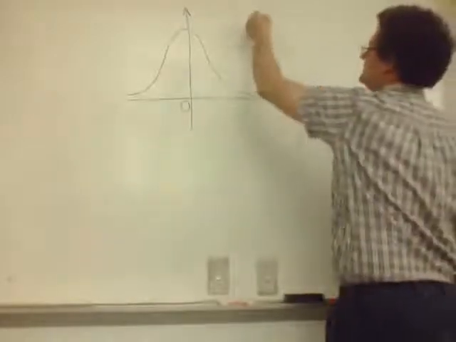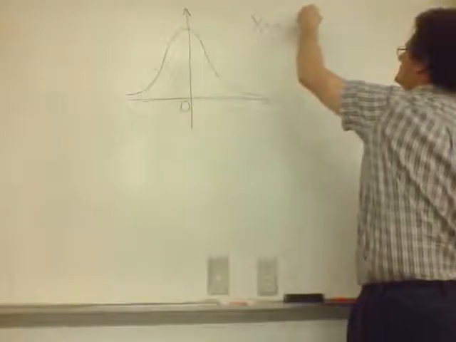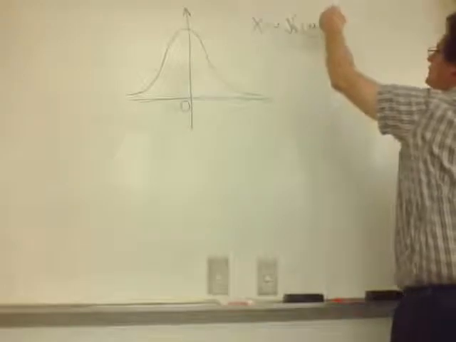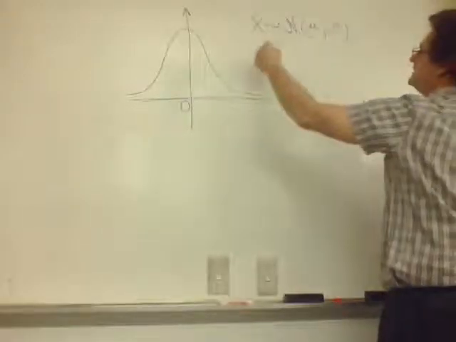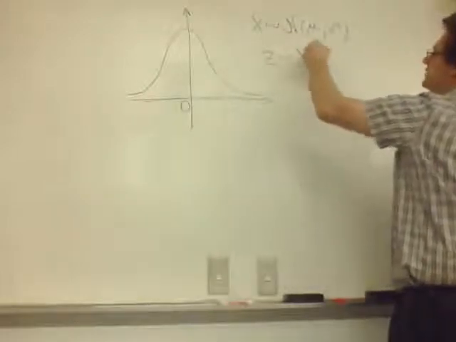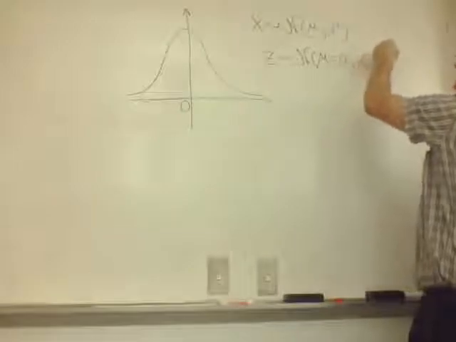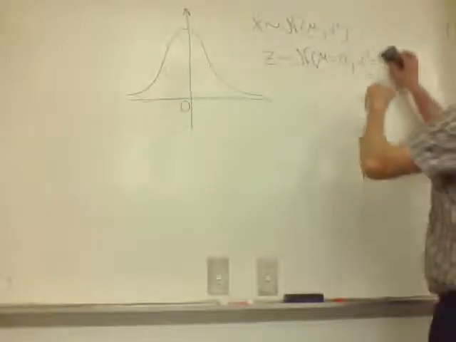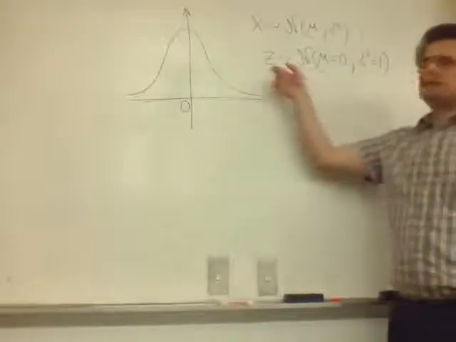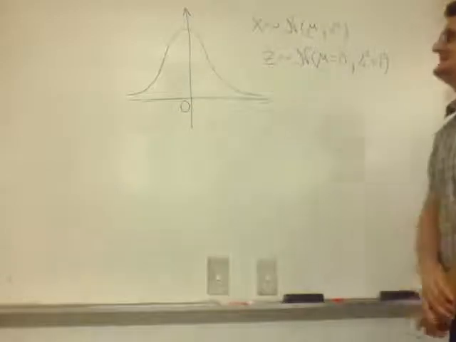We write a general normal distribution as normal with mean mu and variance sigma squared. When mu is 0 and the variance is 1, meaning the standard deviation is 1, we call that the standard normal distribution, and that random variable is usually denoted by z.